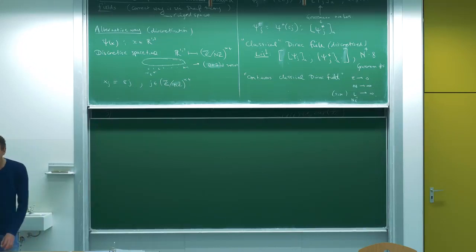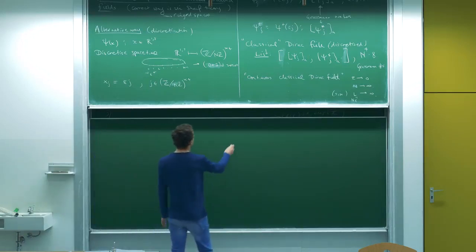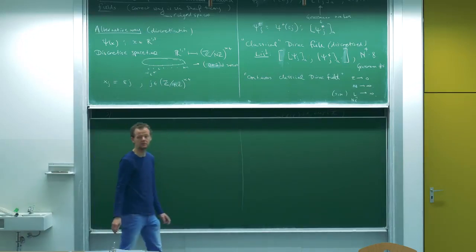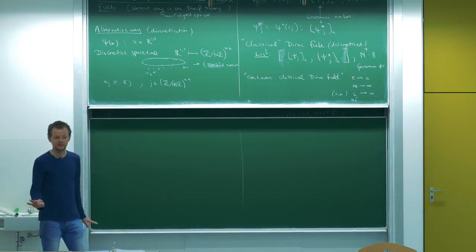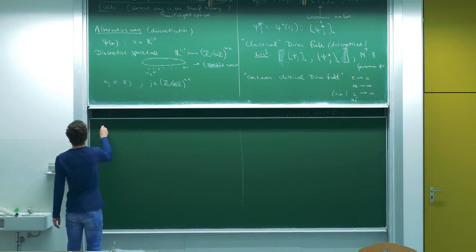How do we build now a quantum theory corresponding to this classical object via the path integral? Well, we need an action, or at least a Lagrange density.